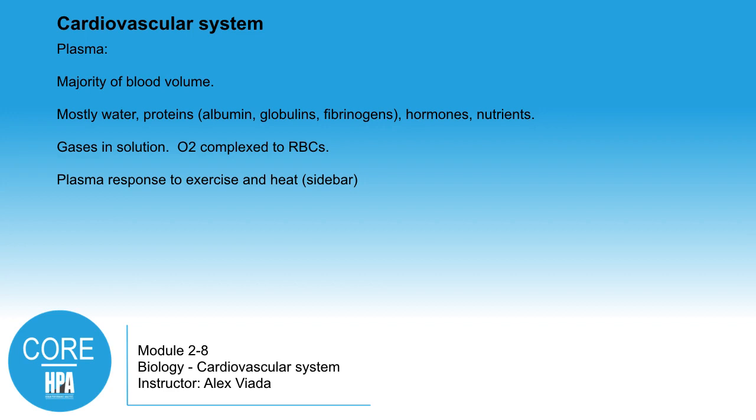Interesting to note is that plasma contains albumin, globulins, fibrinogens. A lot of those are proteins responsible for everything from clotting factors to response factors. Effectively, plasma is the everything-else catch-all.